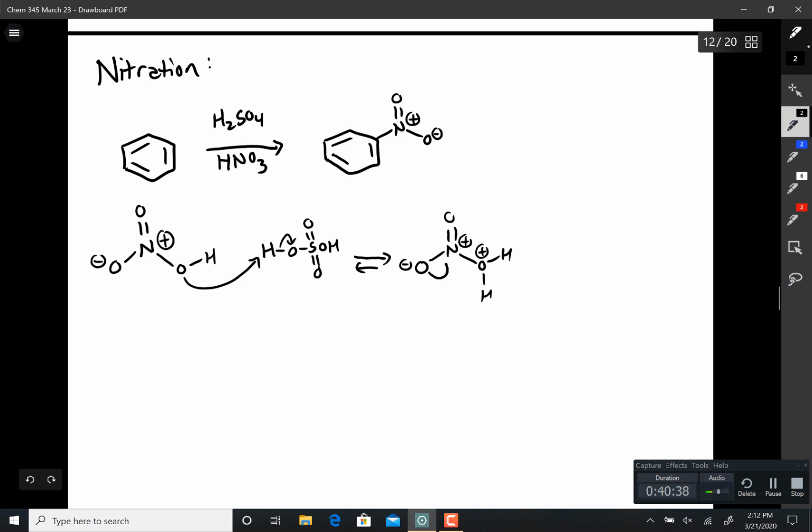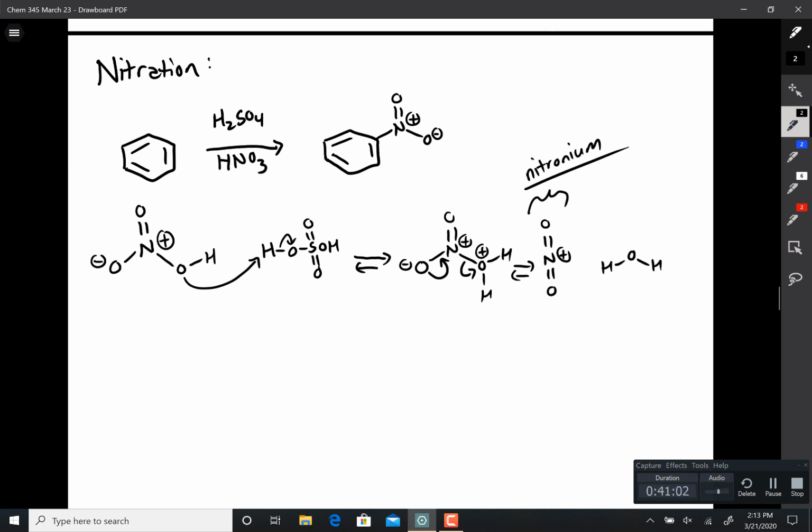And then you use the O minus, swing the electrons down, and kick that off, giving you this electrophile right here. That's the nitronium. That's a very potent electrophile, and that's the electrophile that's used in EAS reactions.